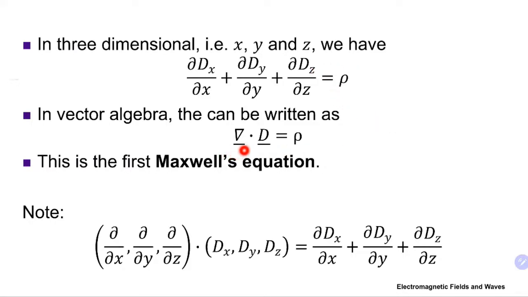And then we recall what we talked about, the del function. The del function is del over del x, del over del y, del over del z. So it's a dot product: del dot D equals rho. This is known as one of the Maxwell equations, and it is called the divergence of the electric flux density.